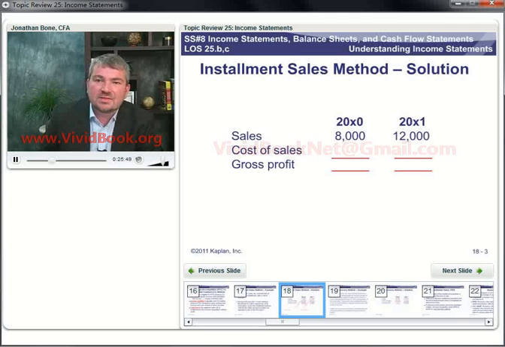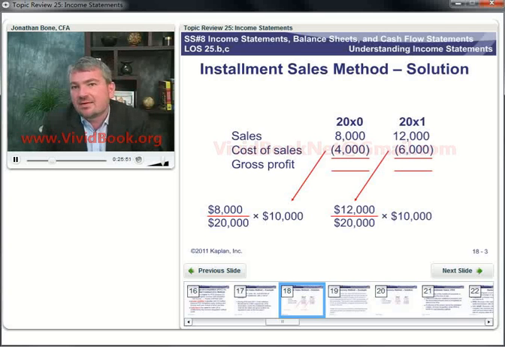So notice you get 4,000 in X0 and 6,000 in X1, computed as the proportion of cash collected to date, so 8,000 over 20,000 times the cost of the inventory you've sold, 10,000. That's 4,000 in X0. Notice in X1 we've received 12,000 out of a total of 20,000, so 12/20ths times 10,000, and we get 6,000. So our gross profit is 4,000 in X0 and 6,000 in X1.